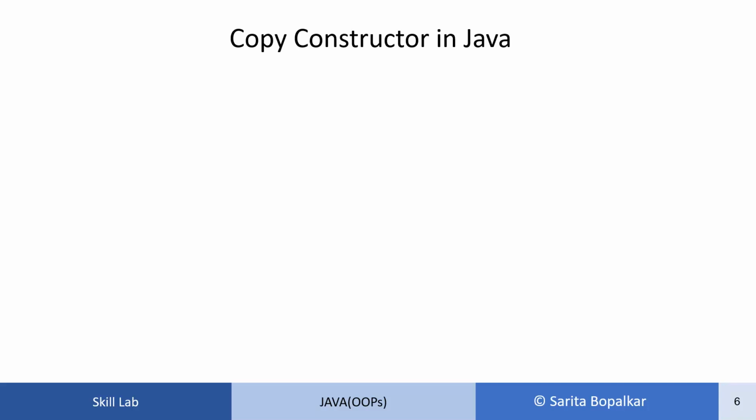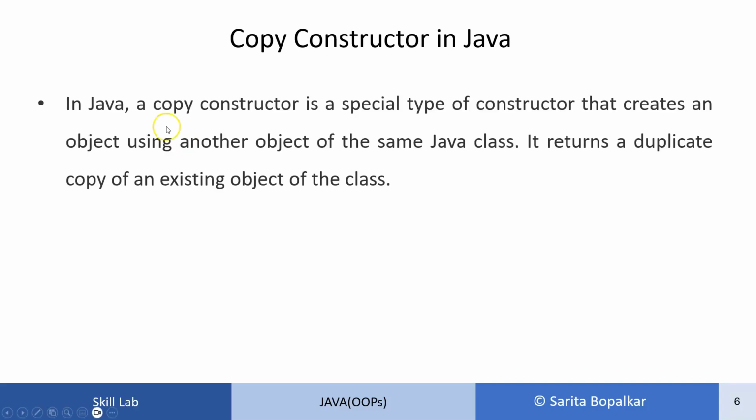One more constructor type is the copy constructor. In Java, a copy constructor is a special type of constructor that creates an object using another object. So whenever you are creating the object, you pass another object of the same class. So it returns a duplicate copy of the existing object.